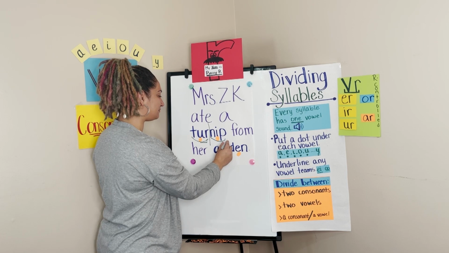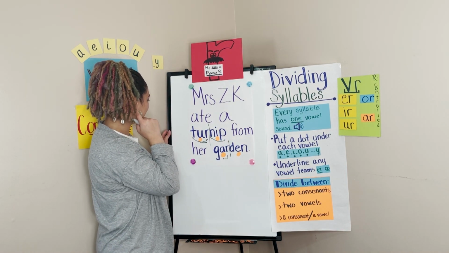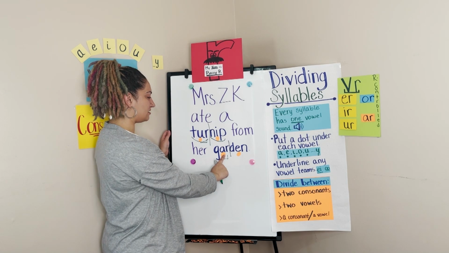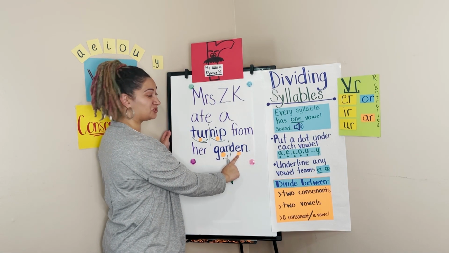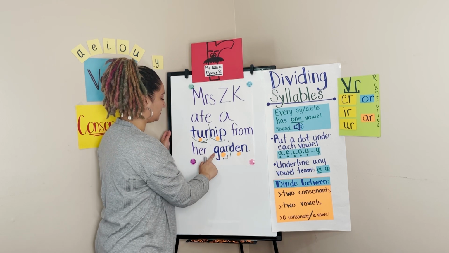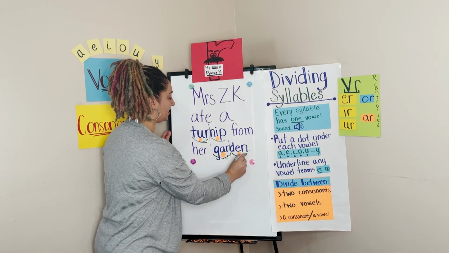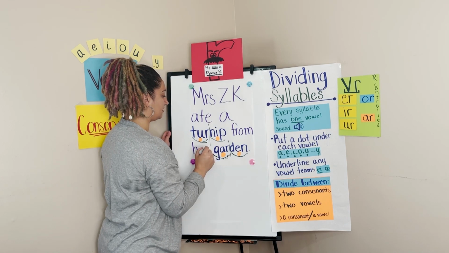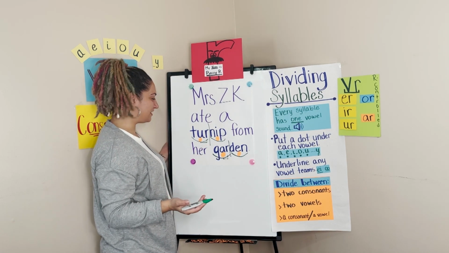So I'm going to split the word right there. And I'm going to see if that makes sense. Okay, so we got R, and we got a closed syllable because the consonant's right there. So short E. Okay, let's see. G, R, D, N. Garden. Garden. Yeah, you just make it sound like a real word.